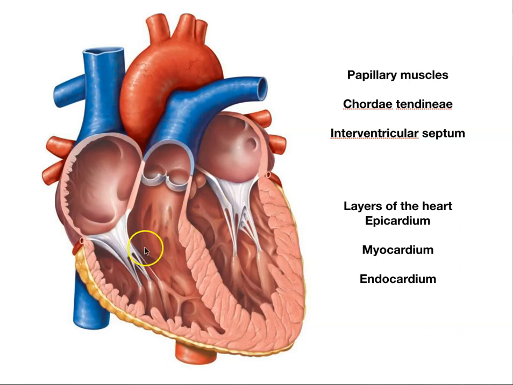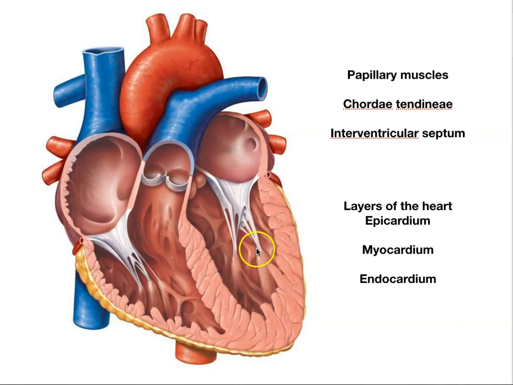So I wanted you to look at these valves. Notice the AV valves have these tendon-like structures. They call them chordae tendineae. You must know what chordae tendineae do. Chordae tendineae, these little cords, are attached to muscles. See these muscles here that look like little nipples?